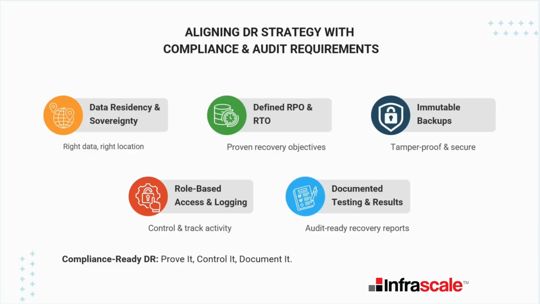Immutability protects backups from tampering, while role-based access and activity logs show auditors exactly who did what and when. The most common compliance failure isn't missing a DR, it's untested DR. So regular recovery testing with documented outcomes turns DR from a checkbox into a defensible, auditable control.